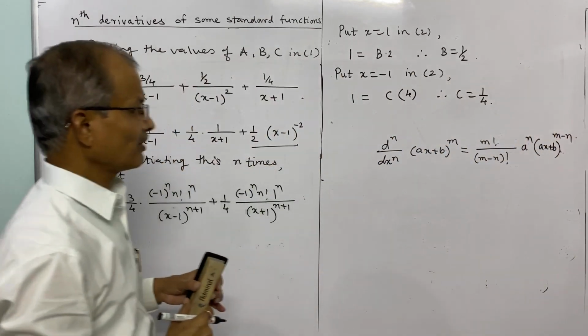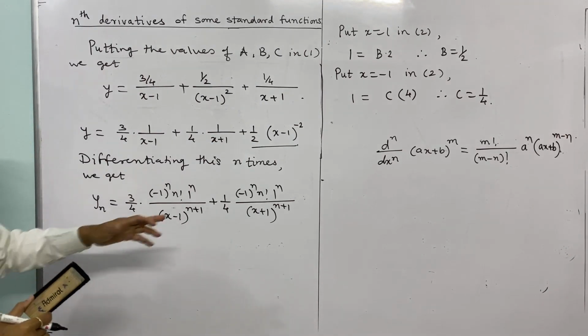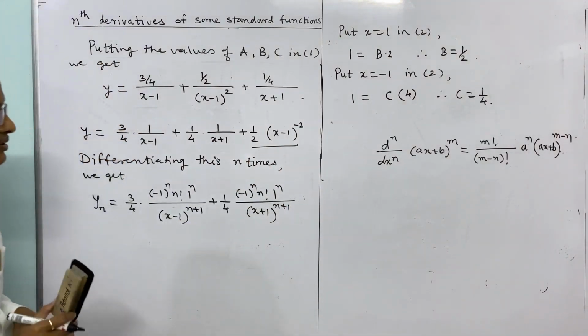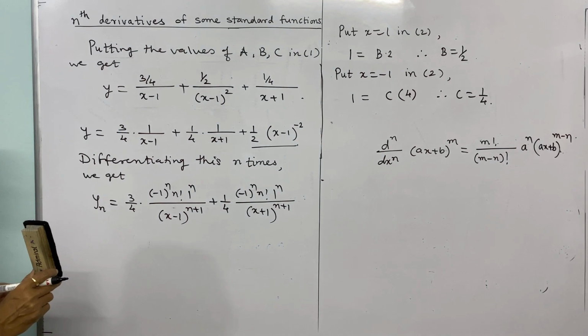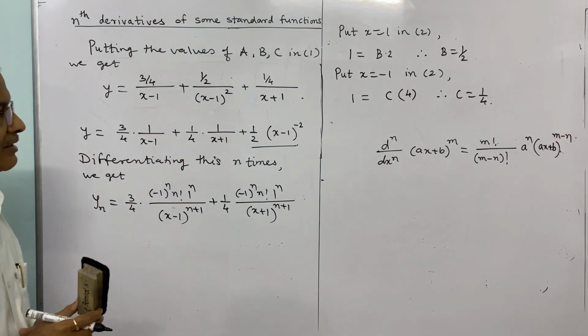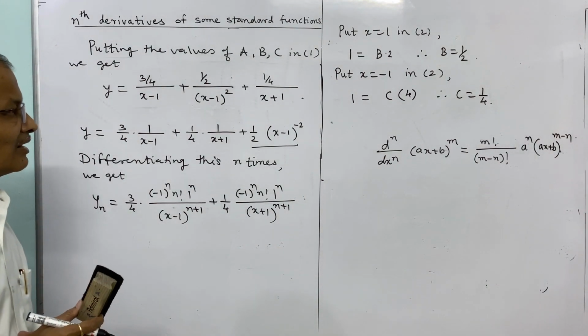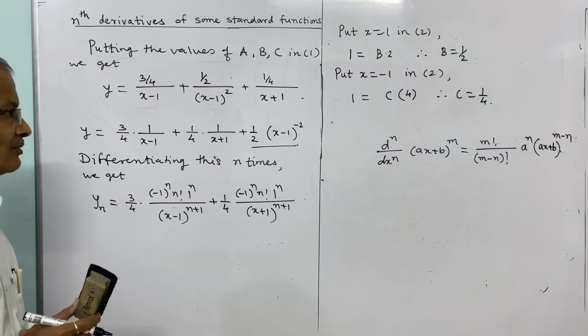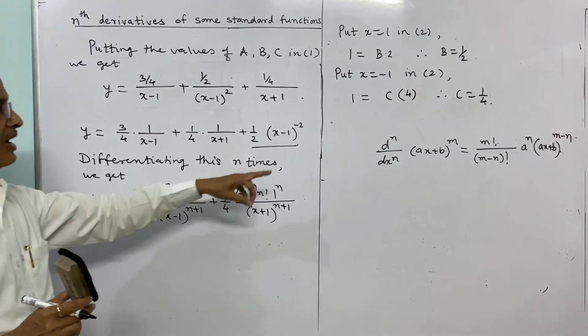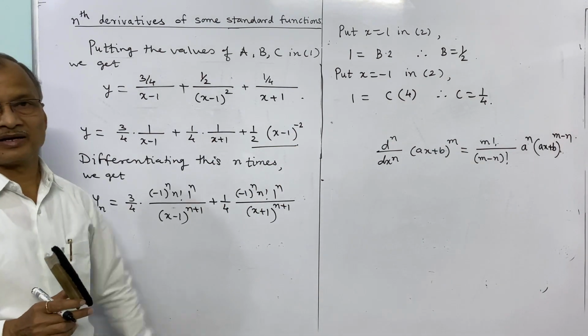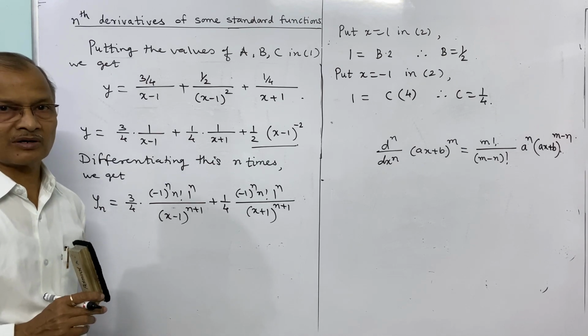So this is the formula, and using this formula for the last term, the value of m is minus 2, and we can't use that because the power is negative 2, and the factorial of negative numbers is not defined.